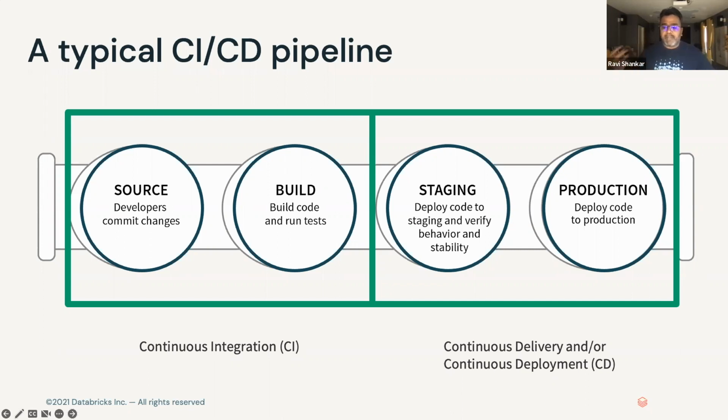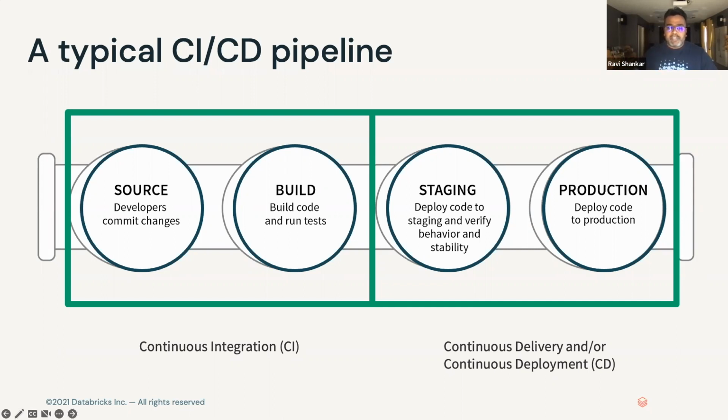Instead of just testing a function, you can also test the entire notebook itself, which could be connecting to a Hive metastore, could be anything. All of those things can be tested as part of the staging. And finally, once you are happy with the results from staging, you can automatically move the code to a production deployment as well.